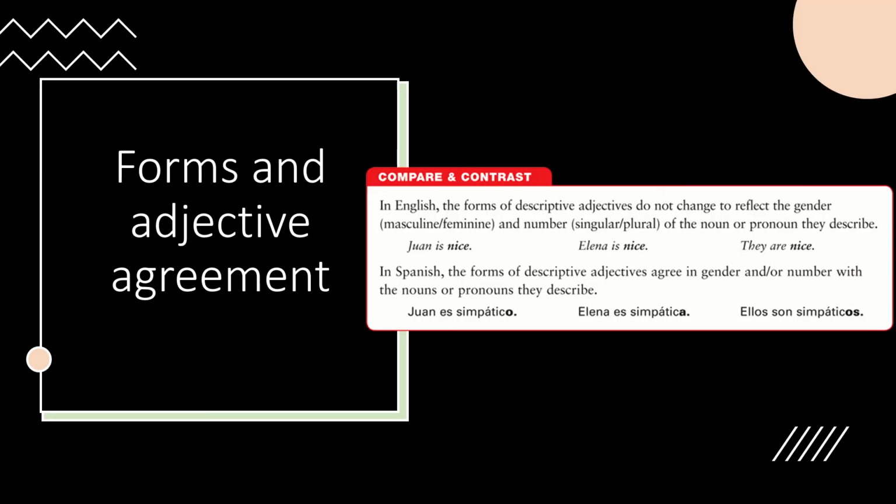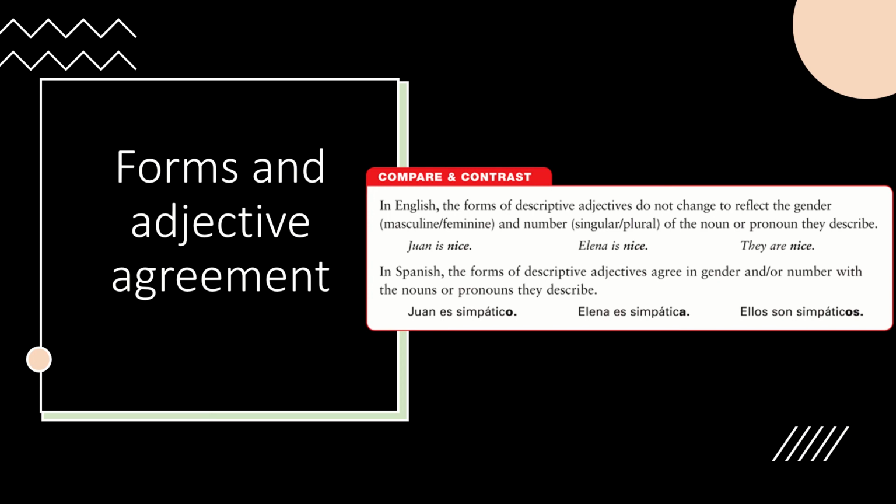So here we have to worry about the forms of the adjective, and what I mean by that is the ways to make the adjectives agree, okay? So in English, we don't have to worry about the adjectives being plural or being masculine or being feminine. The adjective is just what it is. So our example here is Juan is nice, okay?